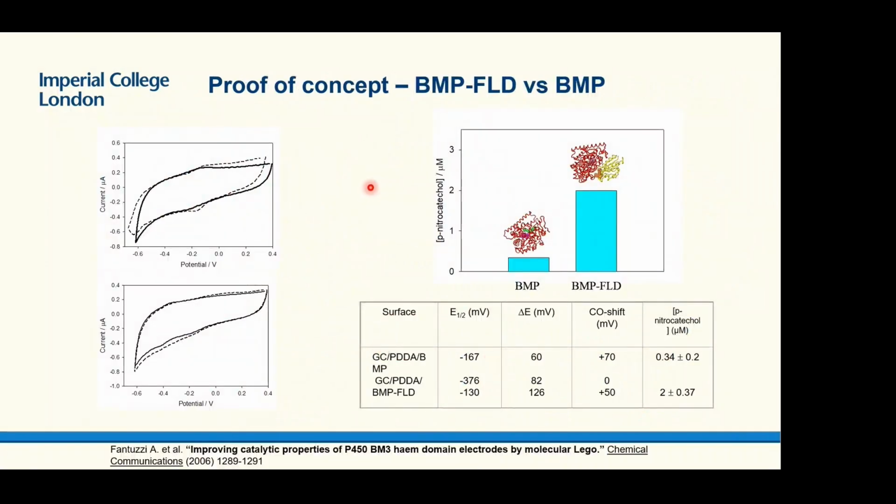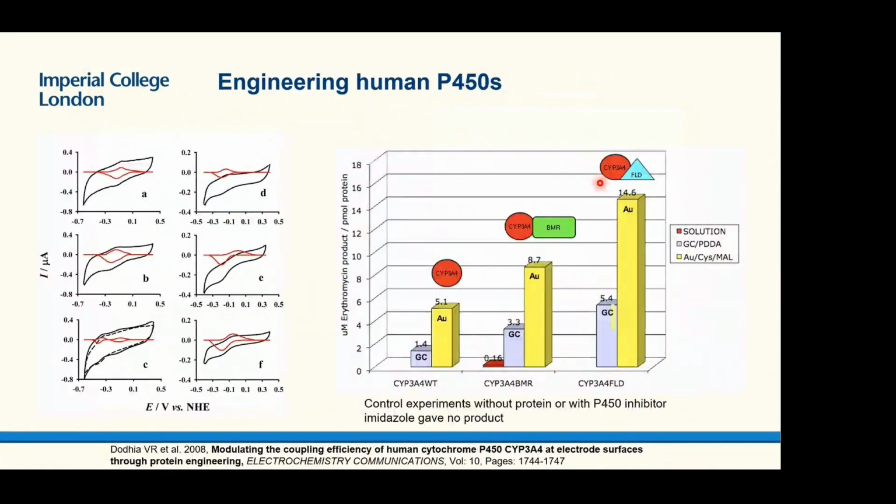And in terms of initial proof of concept, we see that when we bind an electron transfer partner to the catalytic unit, we get an increase in the product formation. So we can see that there is an improvement of the catalytic performance.